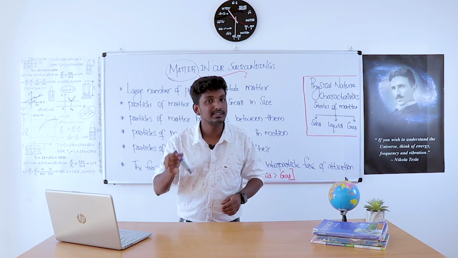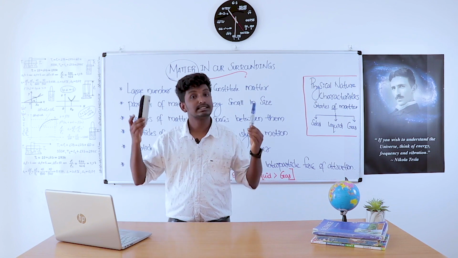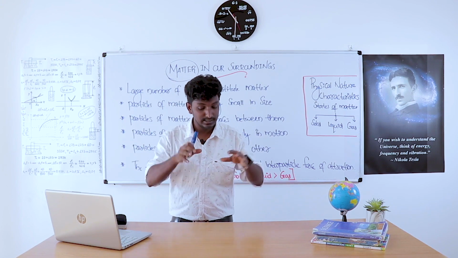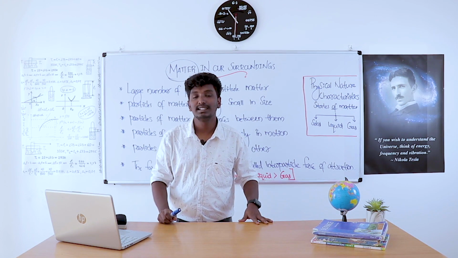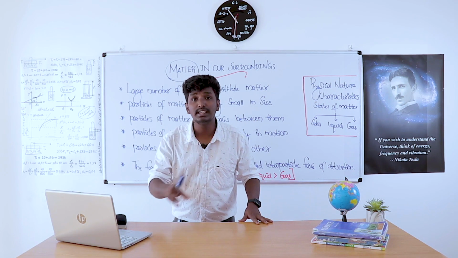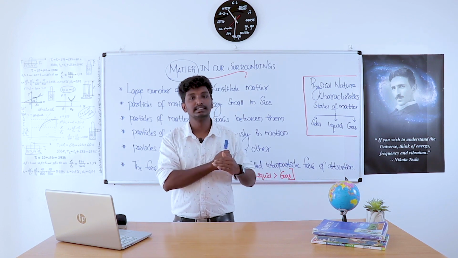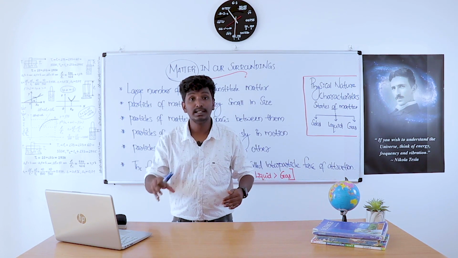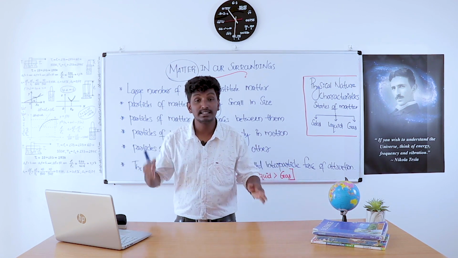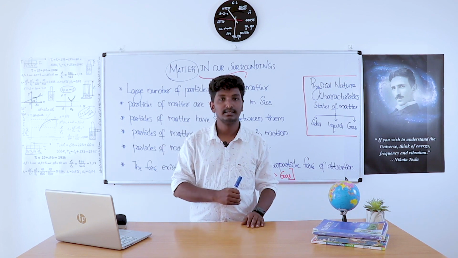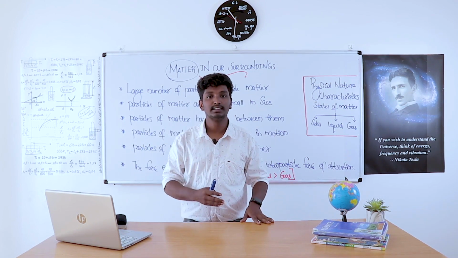For this marker too, the atom is the basic building unit. For this duster, the atom is the basic building unit. For this table, simply the atom is the basic building unit. That means this tiny particle, the atom, is the basic building unit of every matter. This is the foundation. We know that for a strong building, we need a foundation.